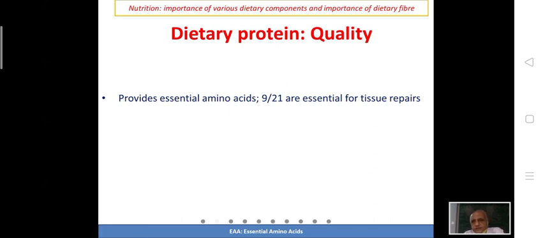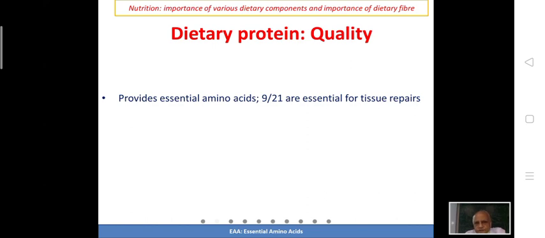So unless we have an adequate amount of essential amino acids going into our food, we may not have good kind of repairs in our good quality enzymes or proteins or structural proteins, or so many factors. They all require the correct type of amino acids, and some of them even have a requirement for the essential amino acids.